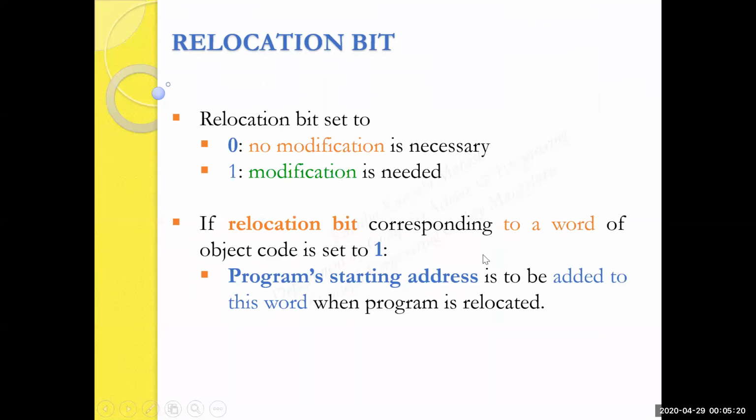If a relocation bit corresponding to a word or a 3-byte object code is set to 1, then the modification is performed by adding the program's starting address when the program is to be relocated. So whenever a relocation bit associated with the word is 1, we need to add the program's starting address to that word if the program is to be relocated.